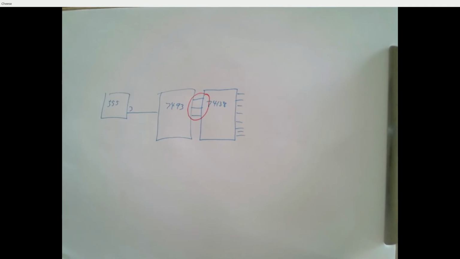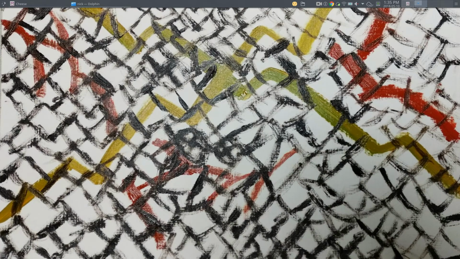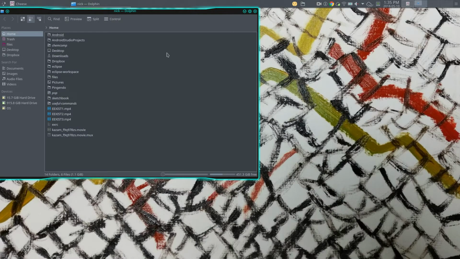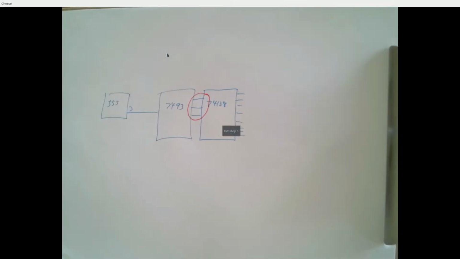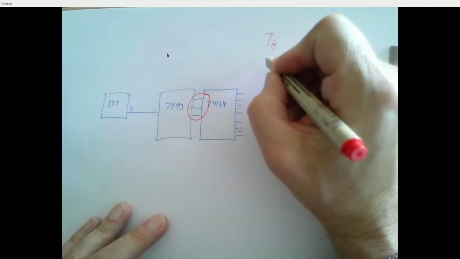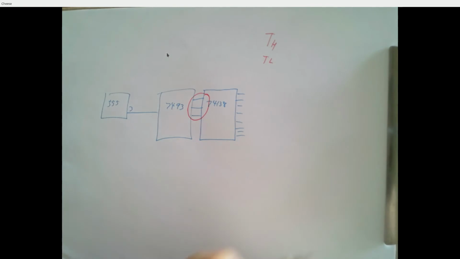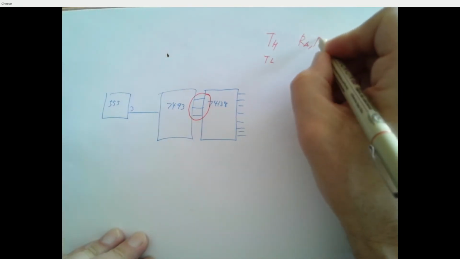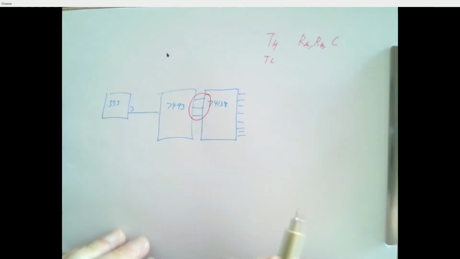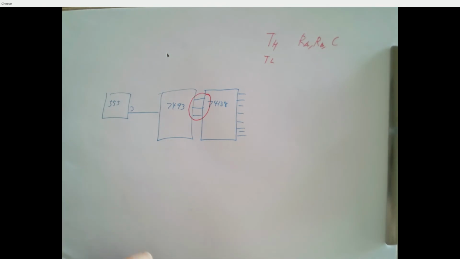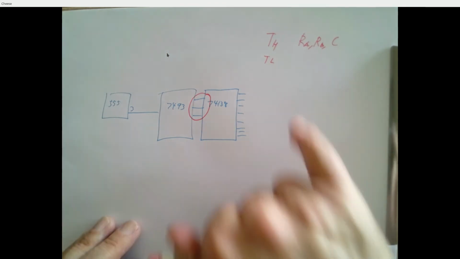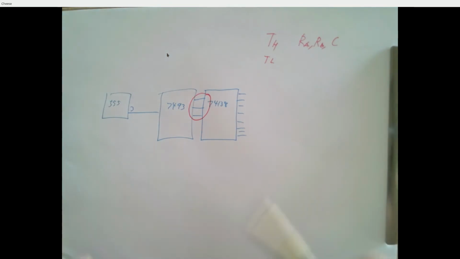What are you looking for on the part where we sketch what we think the light looks like for 555? There's a pair of equations for time high and time low, based on the resistors and the capacitor. So plug those numbers in, figure out how long this should be high and low in seconds, and then draw a sketch of it.